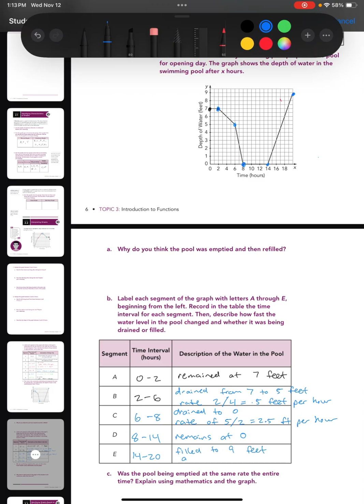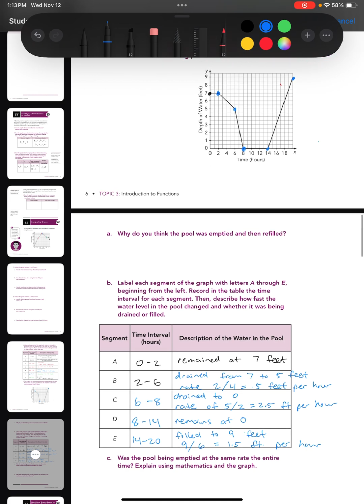And that rate, 9 feet divided by 6 hours, it was refilled at 1.5 feet per hour, we could say. So just that rate of change, rise over run.